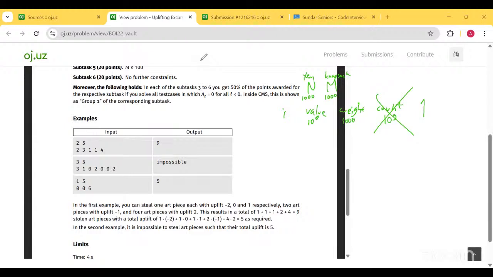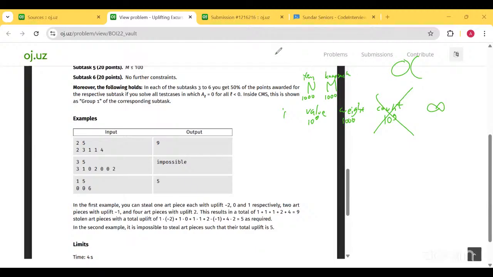So we can solve it using two-dimensional DP, over N and M, right? And what if for each type there is an infinite number of items?